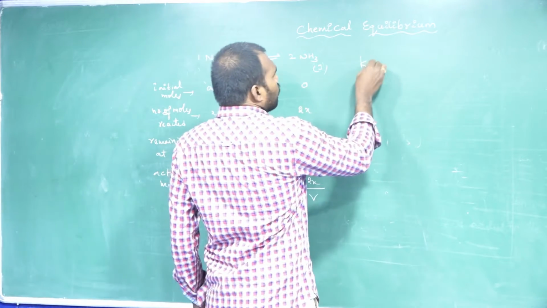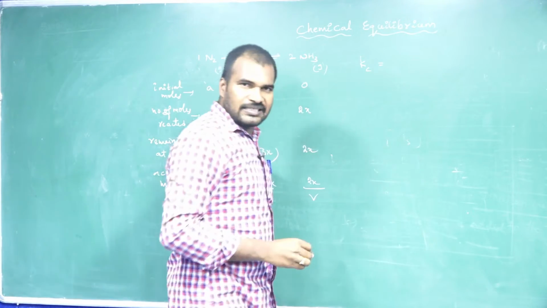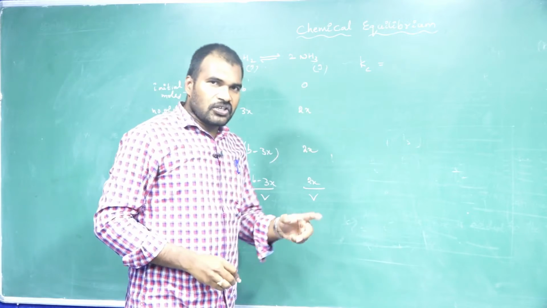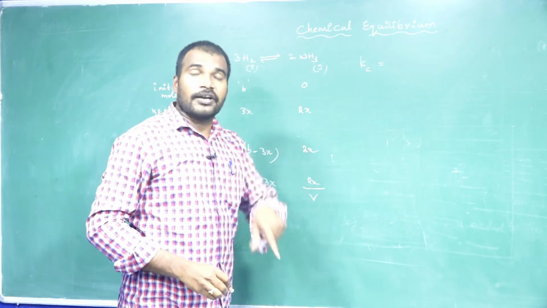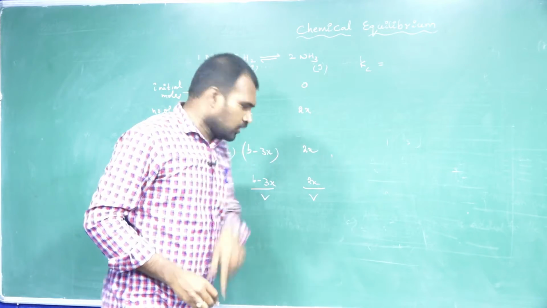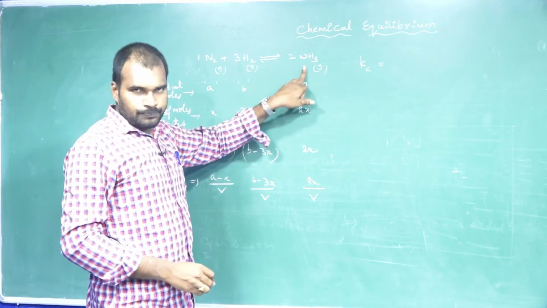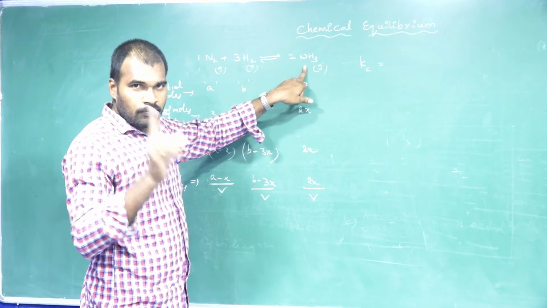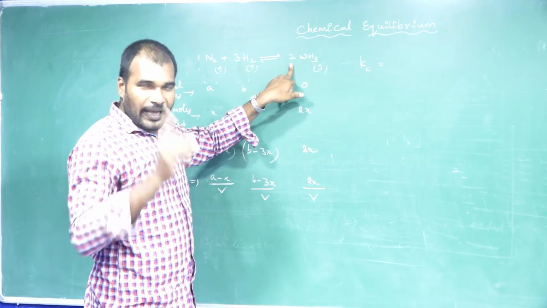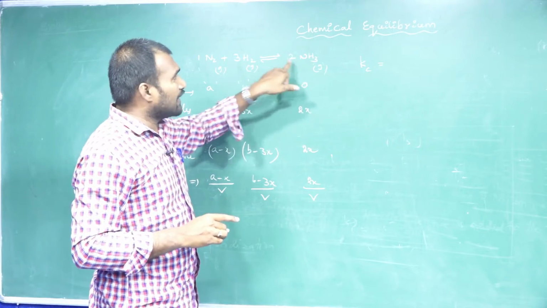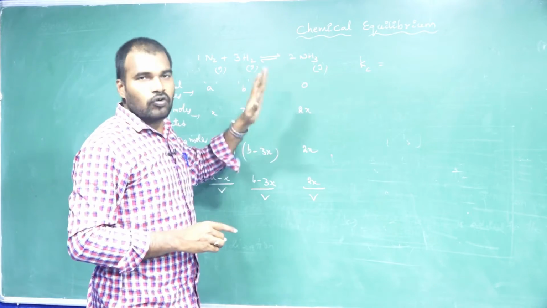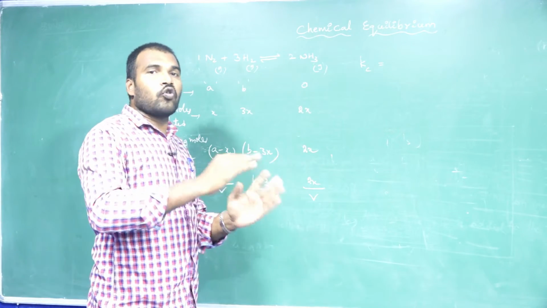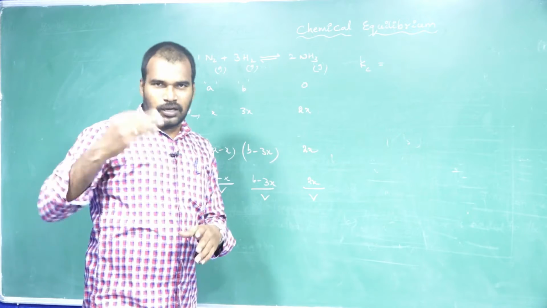Now, according to the law of mass action, the Kc formula is the product of concentrations of products divided by the product of concentrations of reactants. What is the product here? Ammonia, but only one, and the coefficient is 2. As per the law of mass action, if there is any coefficient before the reactants or products, then their coefficients become the power of the concentrations.